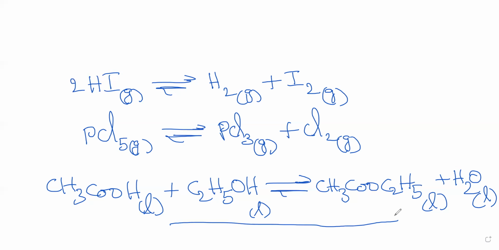For now we'll talk about solid, liquid, or gaseous state. In the first reaction everything is in gaseous phase, in the second reaction everything is in gaseous phase, and in the third reaction everything is in liquid phase. So that's homogeneous equilibrium.